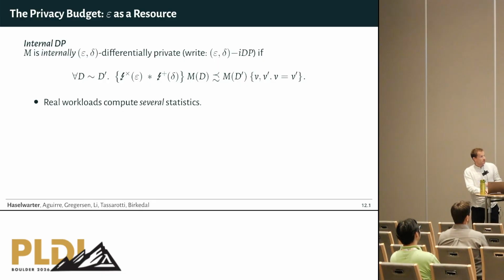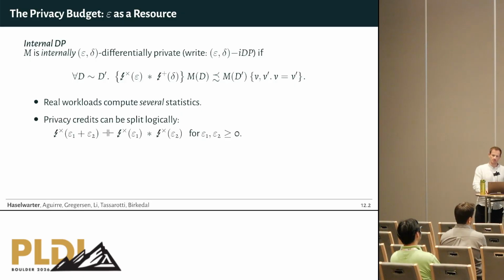Of course, when you're doing data analysis, you compute several statistics. You don't just stop with one histogram. And the privacy credits support this kind of reasoning quite natively, quite nicely.